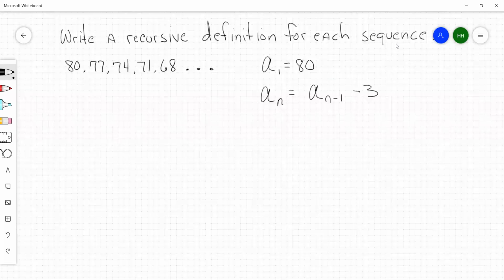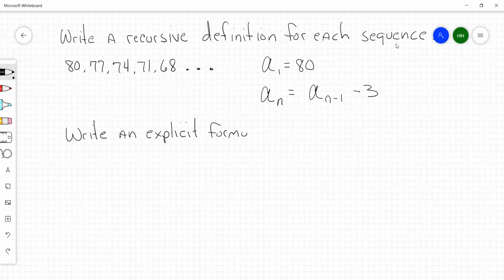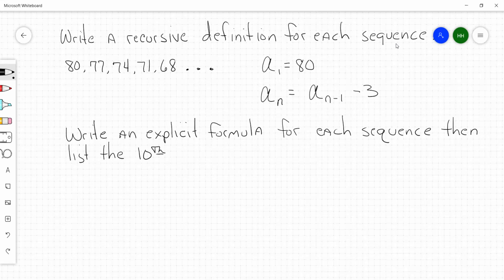And then the third part of the assignment, this is the hardest part. Write an explicit formula for each sequence. Then list the 10th term.